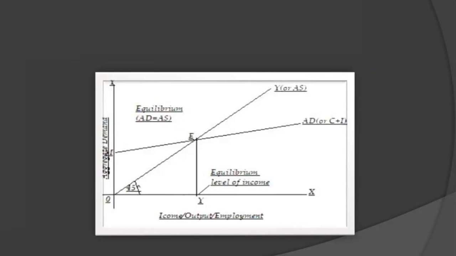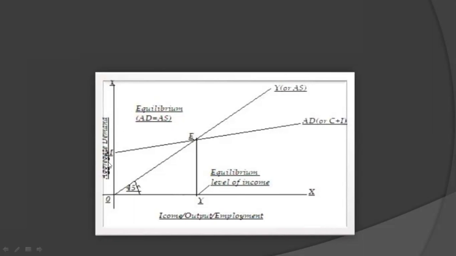Here in the curve, what we have to see is that when our income is zero, first of all go to this side. Income is zero, even then consumption is there.